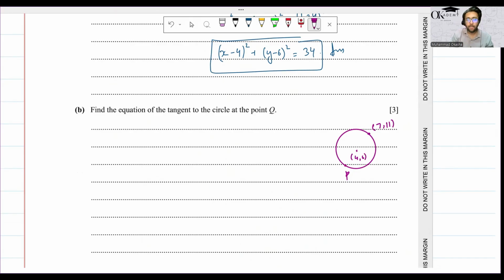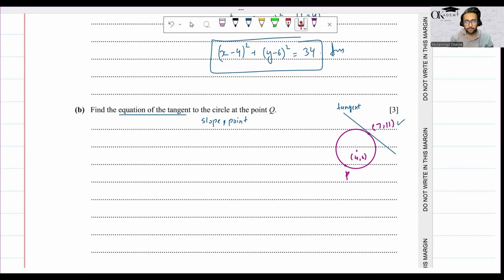Now, I want to work out the equation of the tangent to the circle, right? Let me draw a tangent over here. To find the equation of a line, we need two things. We need the slope of the line, and we need a point on the line, on the tangent, right? Now, we already have the point. The problem is, how do I know the slope of this line?